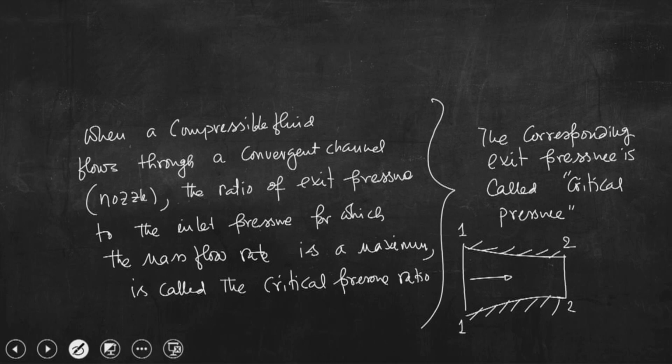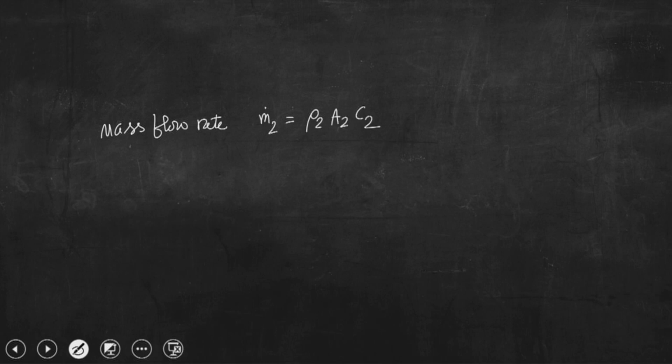So, if we go to the next slide, the mass flow rate, whether at section 1-1 or section 2-2, say we are talking about section 2, is rho 2 A2 into C2. So, m dot 2 by A2 is rho 2 into C2.